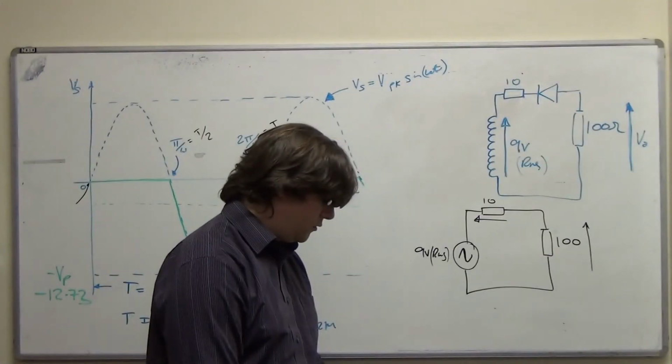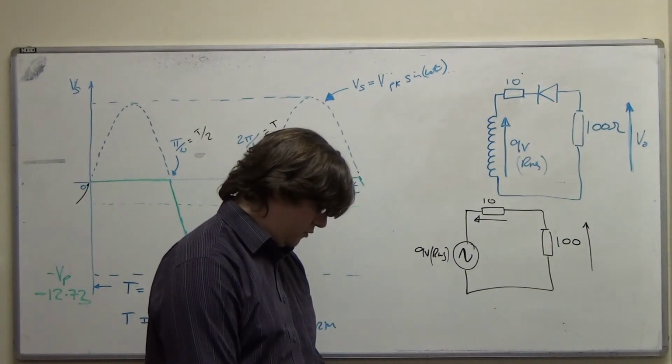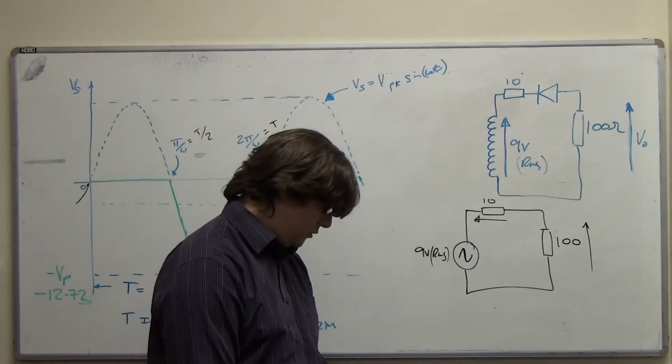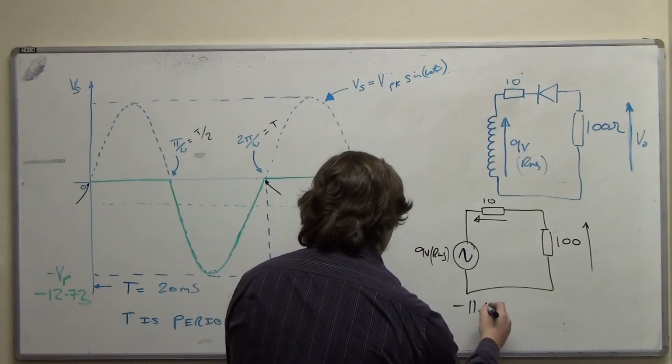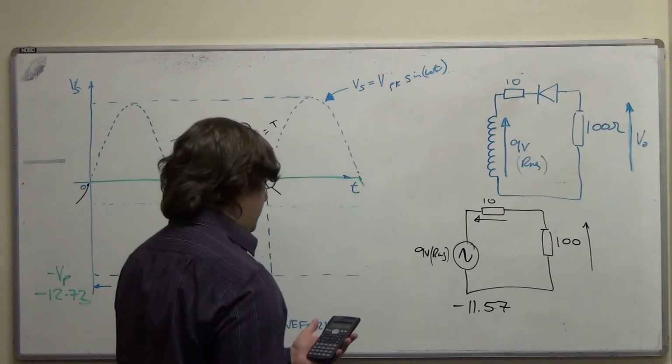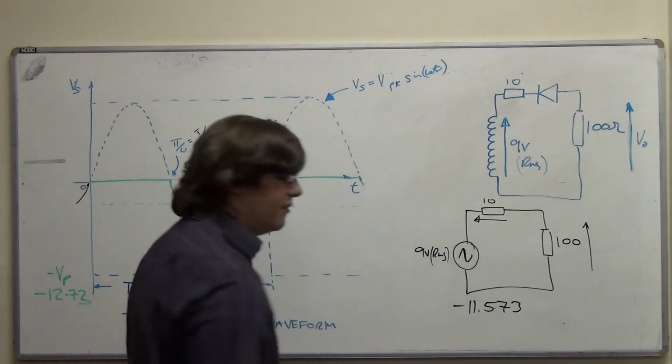So 10 over 11 times minus 12.73 is minus 11.573. Fine.